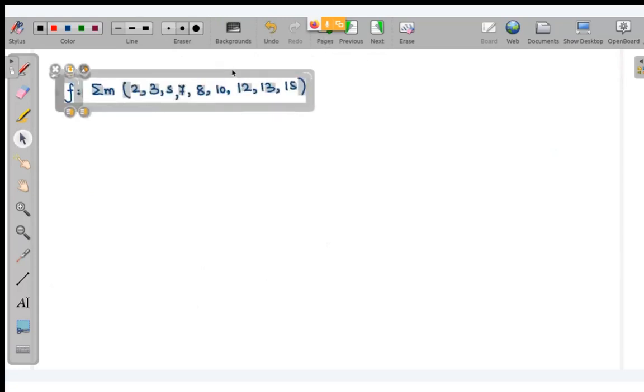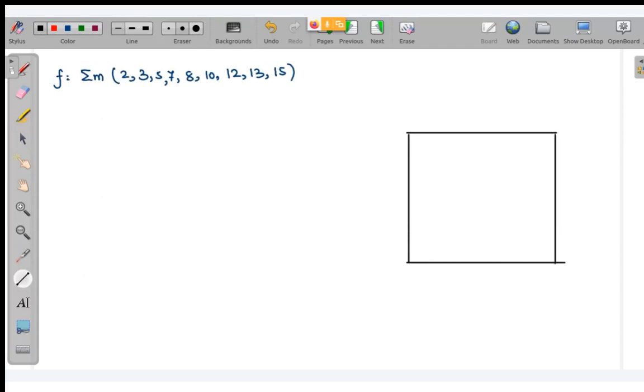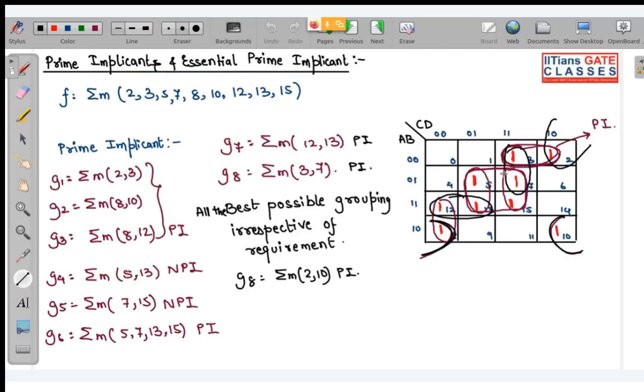Now let me show you what is an essential prime implicant. So very quickly let me draw the Kmap. Don't do this in the same diagram. This is already a hodgepodge over here.